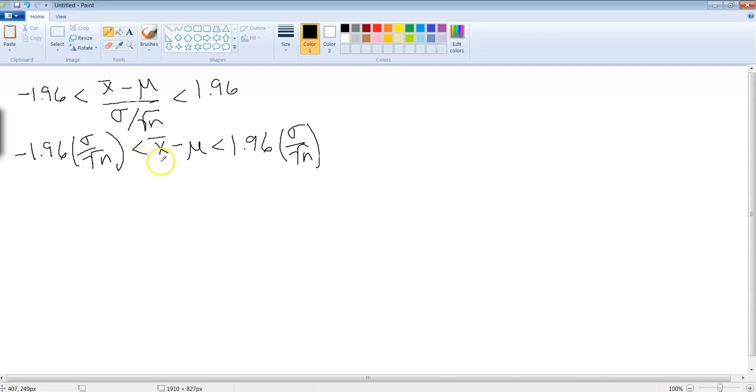So now I'm going to subtract the x bar from everywhere. So if I subtract x bar in the middle, that just leaves me with negative mu.